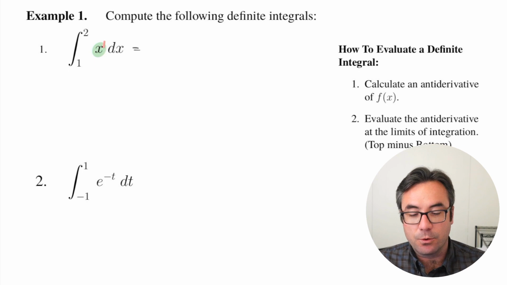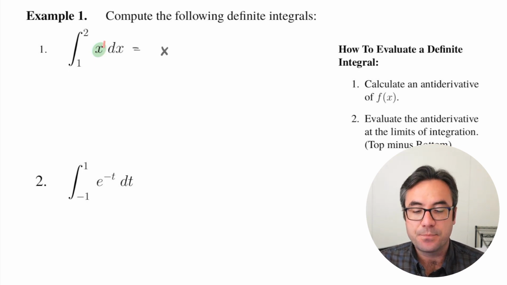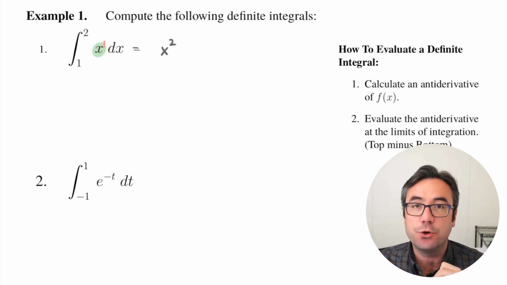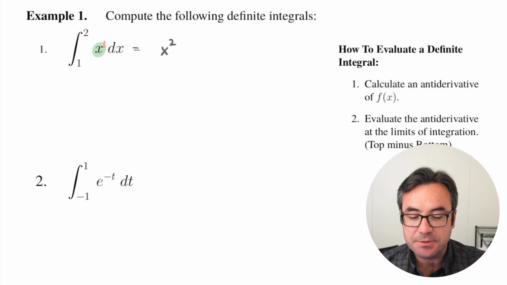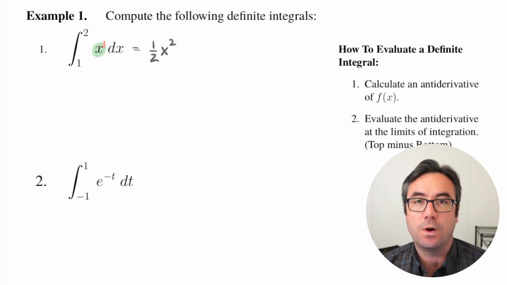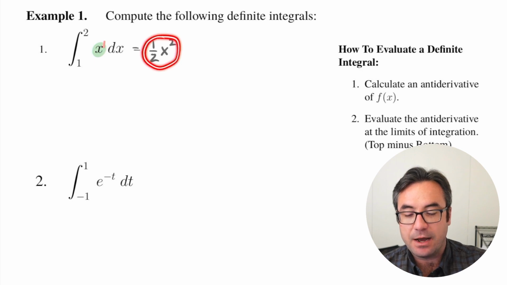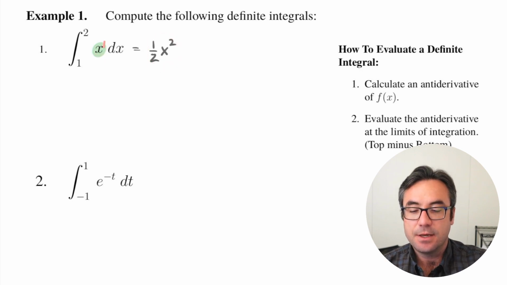And then if we do power rule, our variable is x, so we're going to keep our variable the same. We're going to add 1 to the exponent, so we go from 1 up to 2. And then we take this new exponent, flip it, put it in front, so 1/2. And then this is our antiderivative now of the function x.